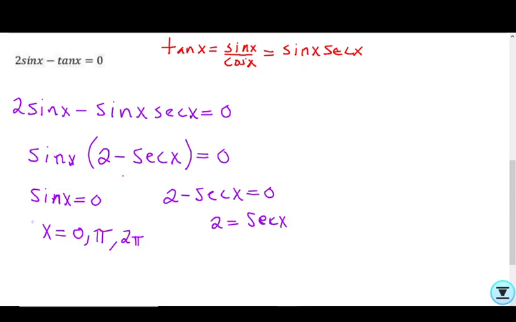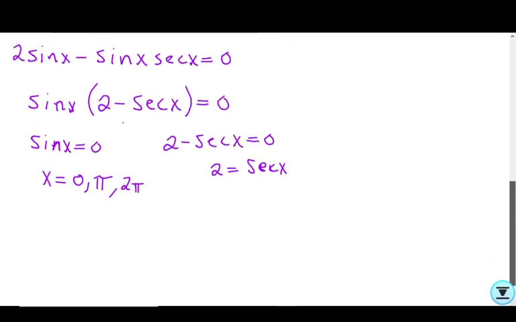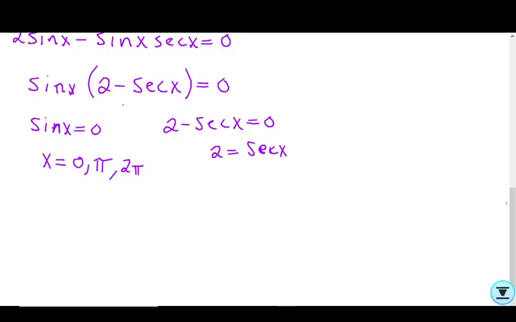Now, secant equal to 2, that's a little bit more difficult because I don't really know secant values in the unit circle. I know sine and I know cosine. So to make it easier on myself, what I'm going to do is I'm going to change secant into terms of cosine. Okay? Now, there's one rule in algebra that stands above all else. Whatever you do to one side, you have to do to the other side.